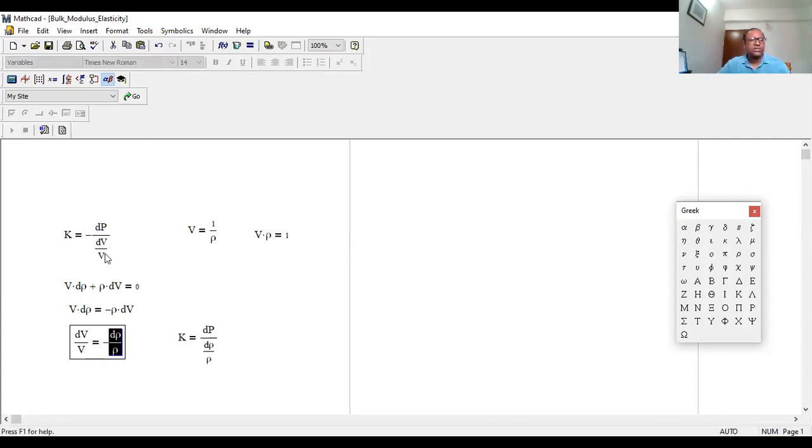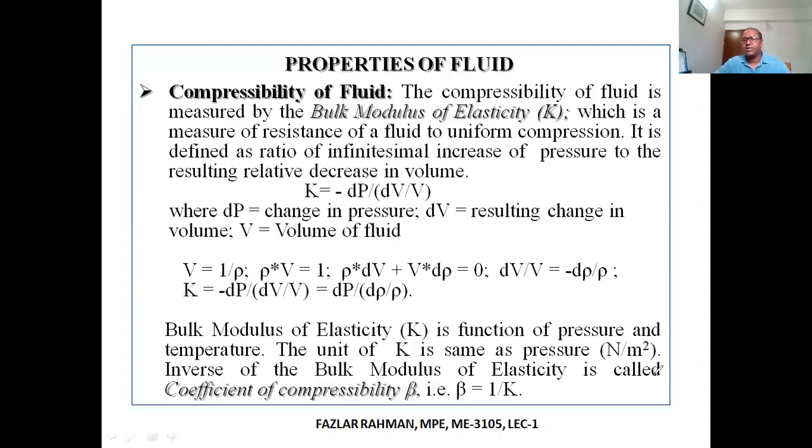Then this value is substituted right over here. Then this minus sign will become positive. So finally, you get K equal to dP divided by d rho by rho. So the definition of K, you can express in terms of density, also in terms of change in volume and change in pressure.